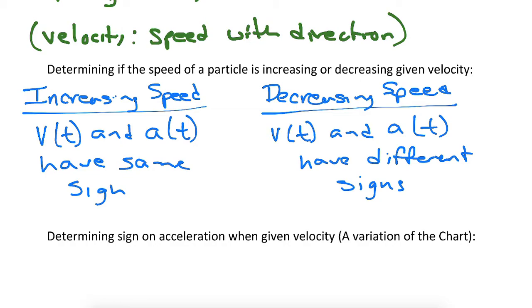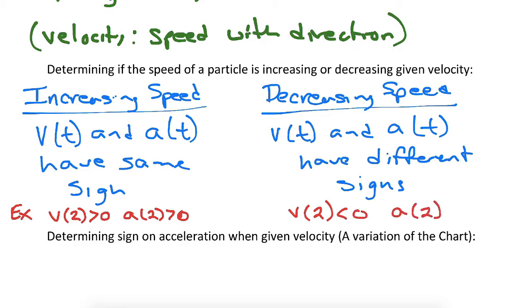So this would be an example: if v of 2 is greater than 0 and a of 2 is greater than 0, then speed is increasing. If v of 2 is less than 0 and a of 2 is greater than 0, then speed is decreasing. So you want to check what's the sign on both of those things.